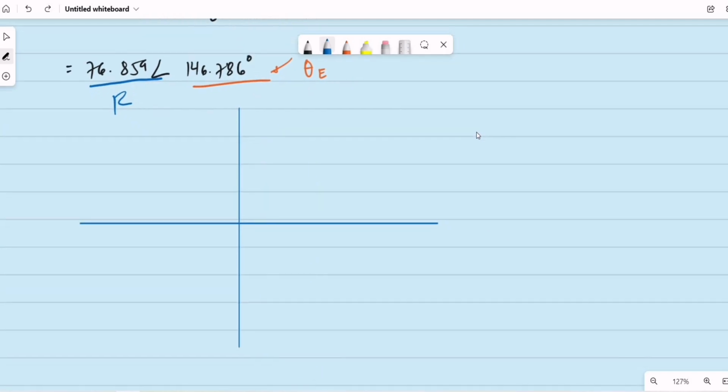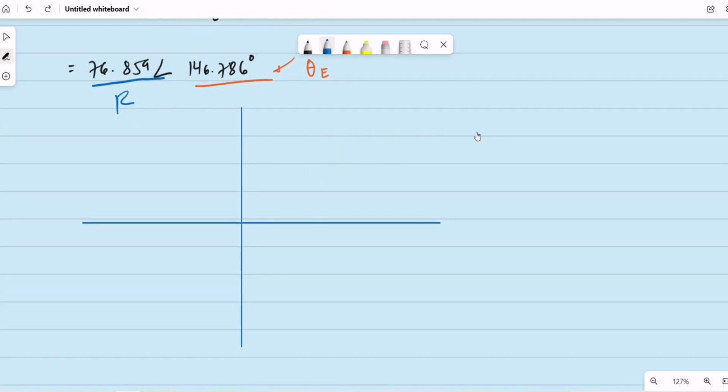That is positive, which means it is counterclockwise. So from the east direction, we have that angle. Again, this is 90 degrees, or our references, this is 180 degrees. So it is less than 180 but greater than 90. So this is 146.786 degrees, the direction of our resultant.